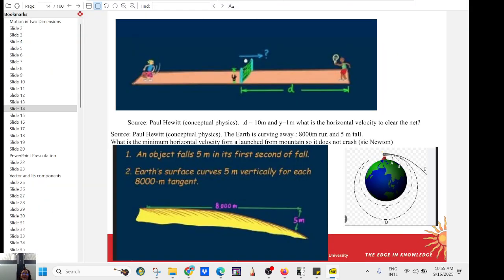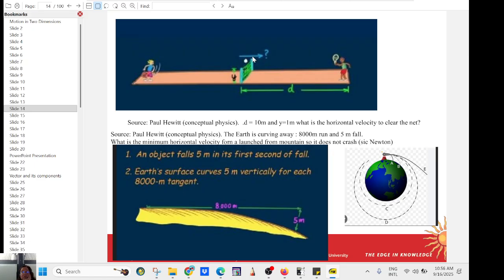Okay, let's take an example here. Again, tennis. So tennis, you want to make sure that you start your projectile motion from here, and you want to make sure that the velocity here will be large enough just to make it here, to clear the net.